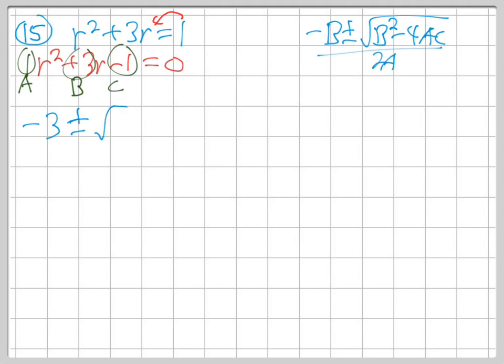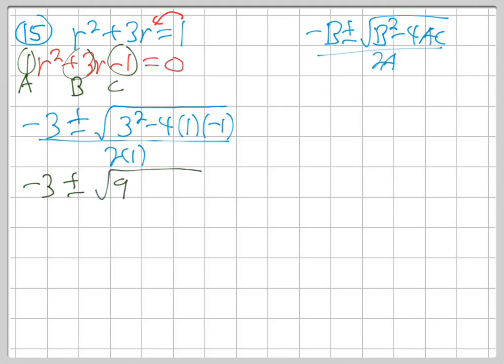So negative b plus or minus the square root of b squared minus 4 times a times c all over 2a. So that is negative 3 plus or minus the square root of 9 plus 4, right? Negative times positive times negative makes positive 4, over 2.